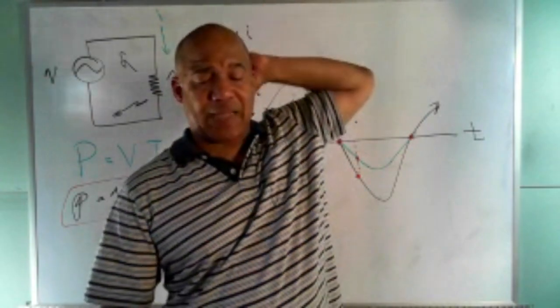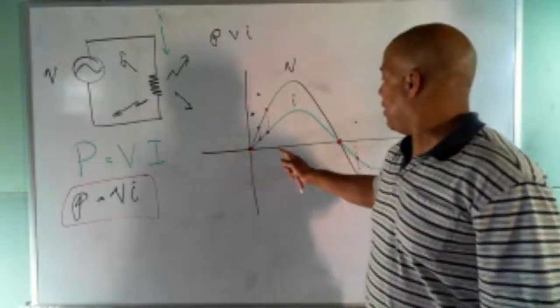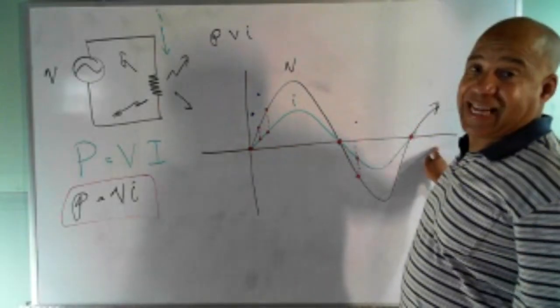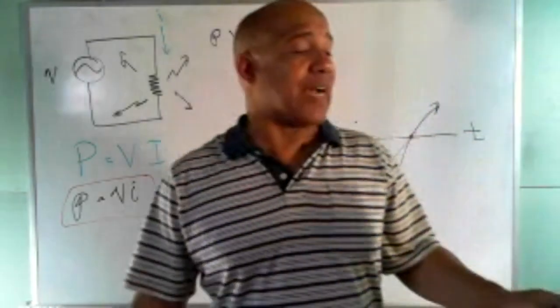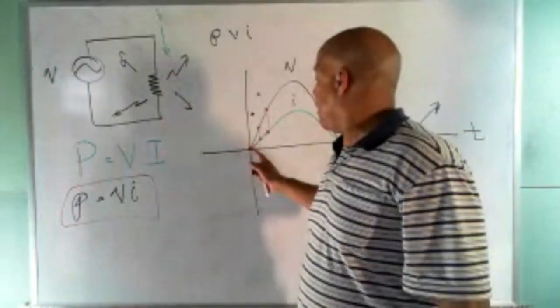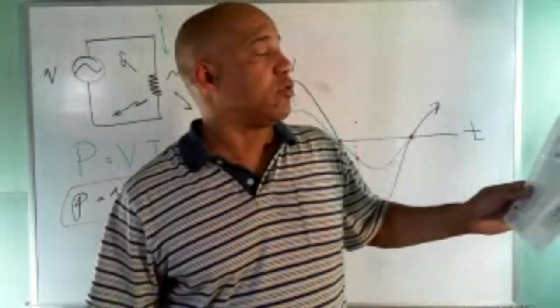But look how many sine waves of voltage and current we have. We got one sine wave, one cycle of voltage, and one cycle of current. That's easy to see because they're in phase. But if you look at the power, we actually have two cycles of power. The one cycle of voltage and current always result in two cycles of power.